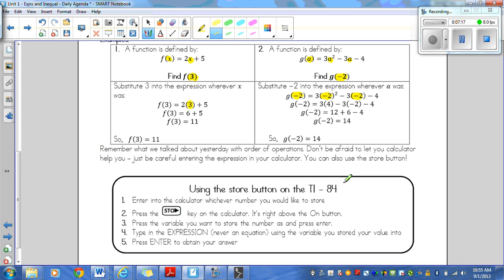I'm going to do the store button in class. The basic gist is that if you want to check if f of 3 is really 7, what you could do is you could plug in x, and you could say, I want x to be stored as 3.